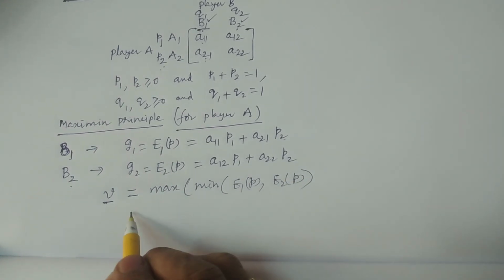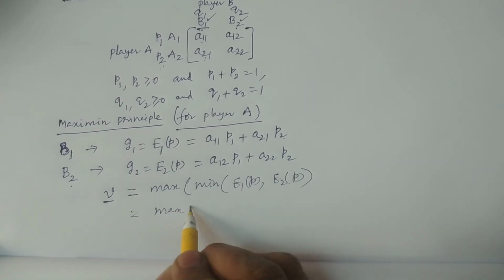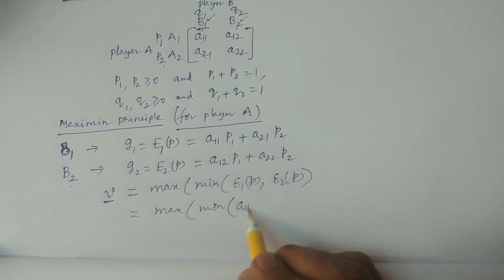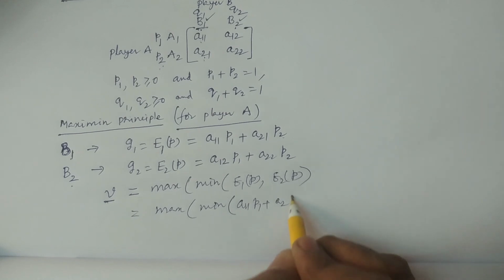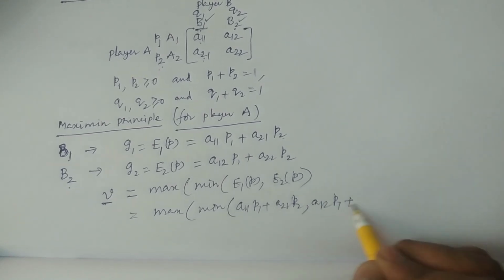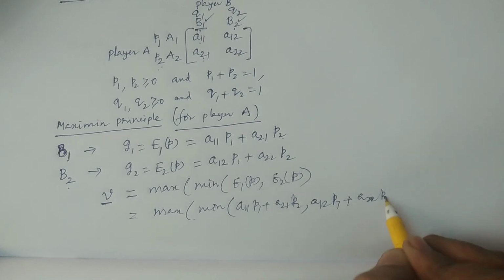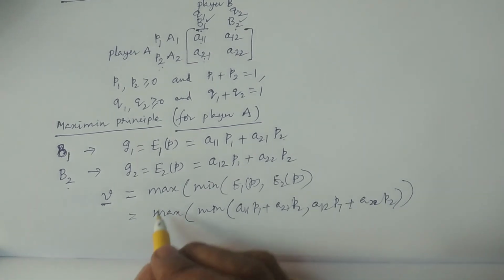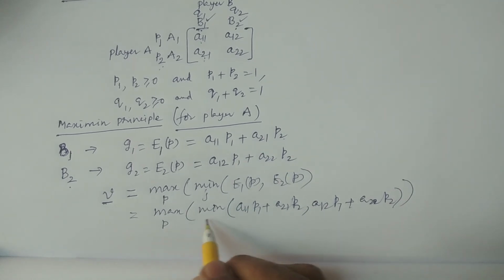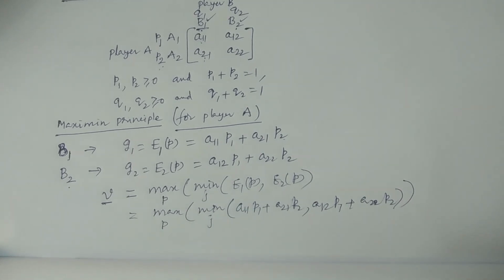So therefore this is nothing but the maximum of the minimum among the values A11 P1 plus A21 P2 and A12 P1 plus A22 P2. This is the value, maximizing the probability with respect to J. Right?